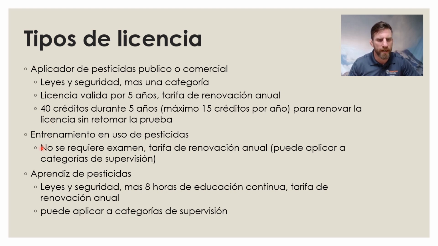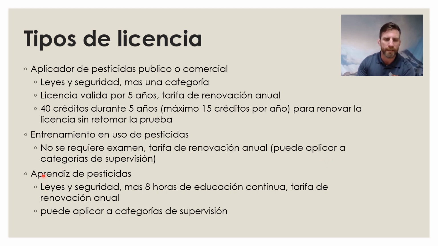A pesticide trainee does not require any exams. They just have to pay an annual fee to keep their pesticide trainee license. And they can only apply products that are within the categories of their supervisor. Okay, so their supervisor has to have a license associated with the category the pesticide trainee is making an application in.